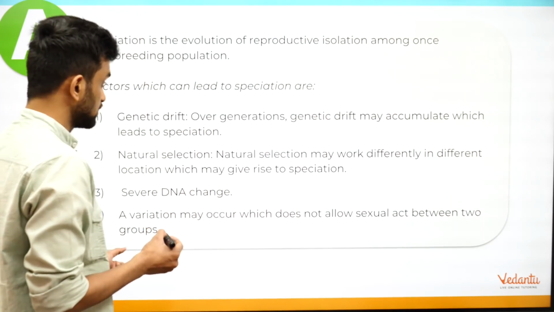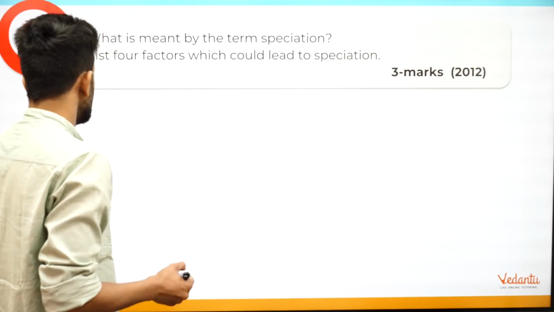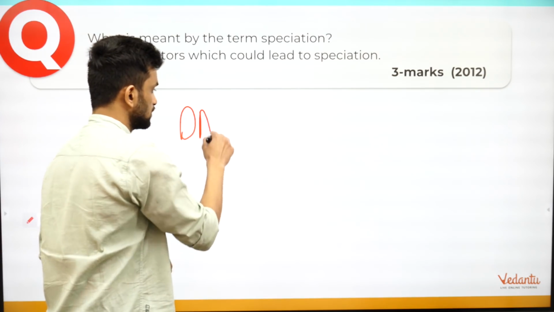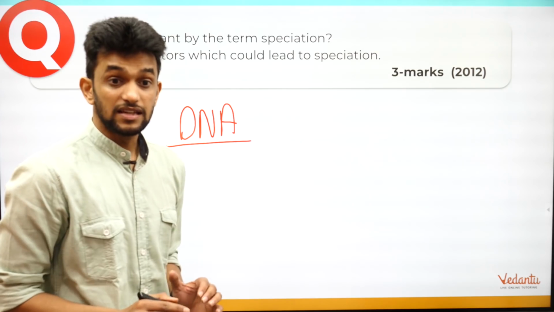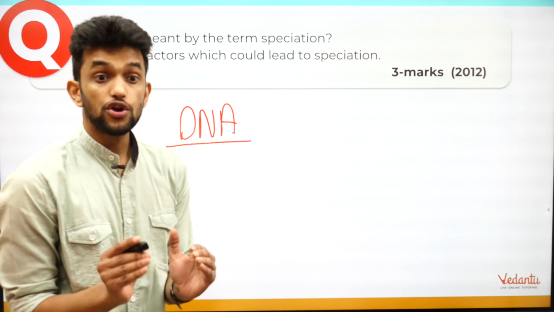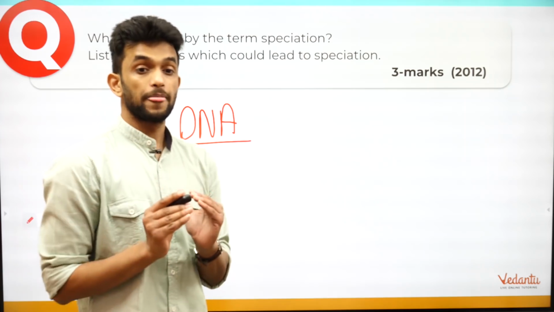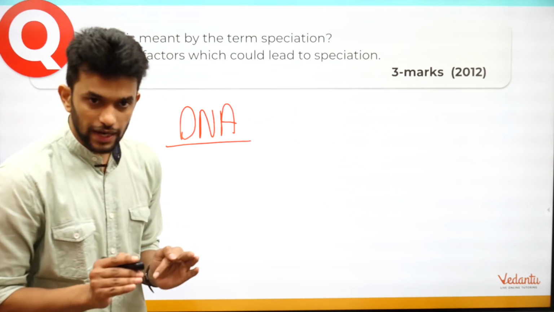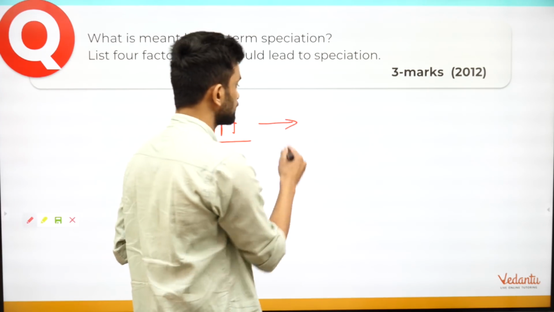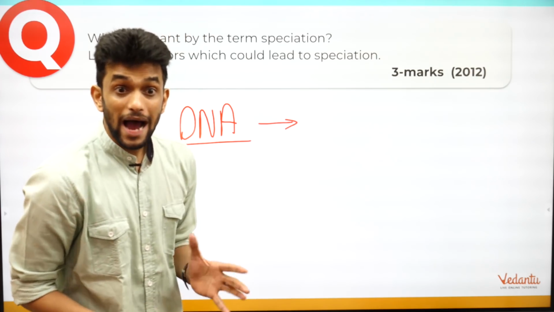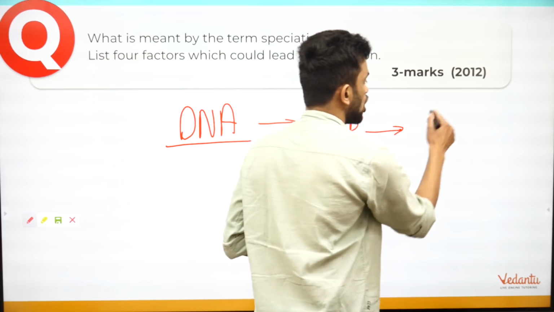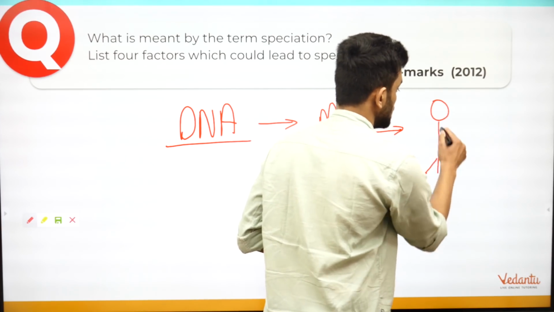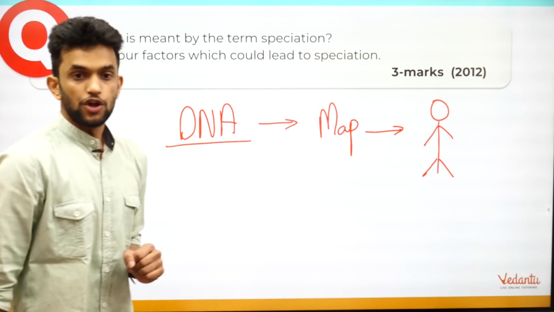Now next. People, what is DNA? DNA is deoxyribonucleic acid. What is it basically? It is like a map of a human being.